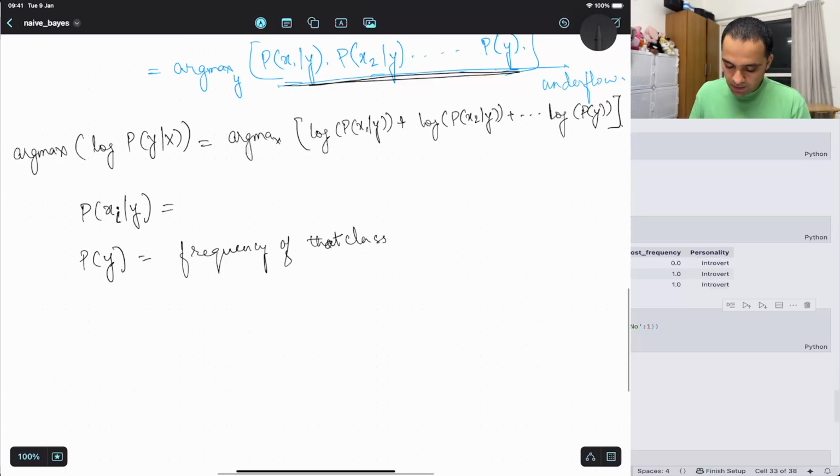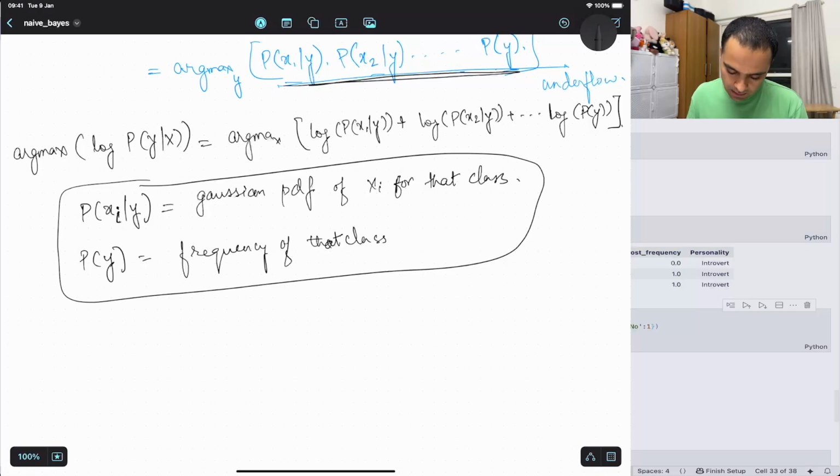And P of xi can be seen as the Gaussian probability density function of the xi feature for that class.